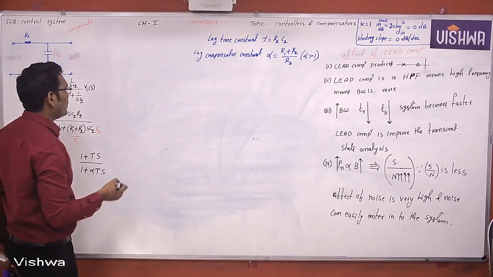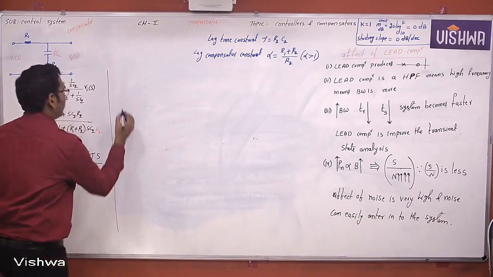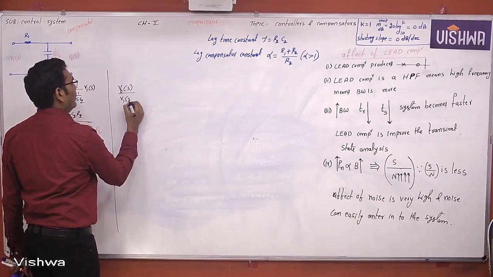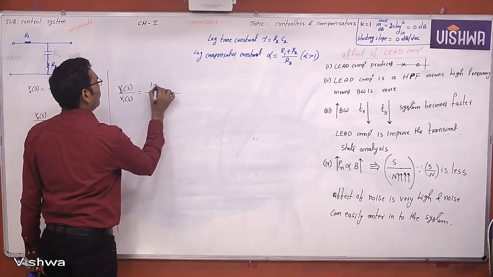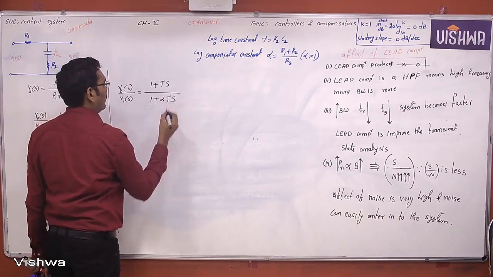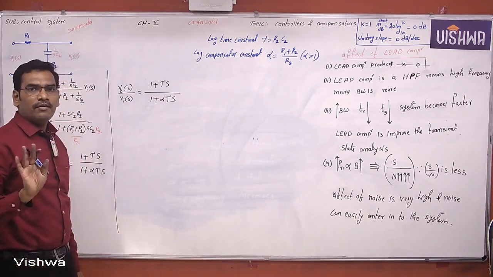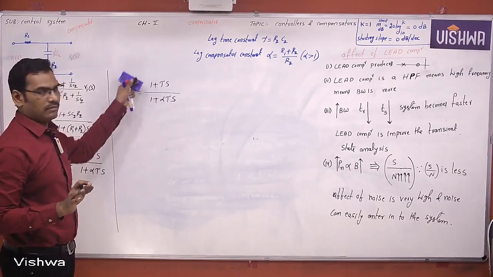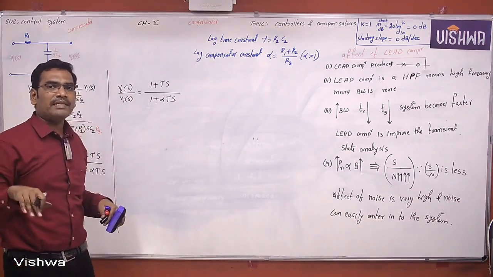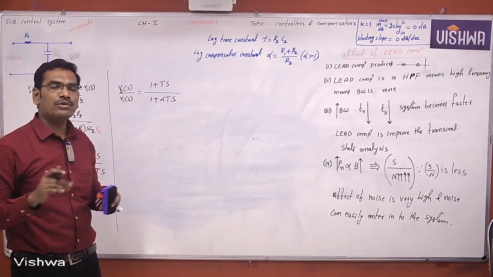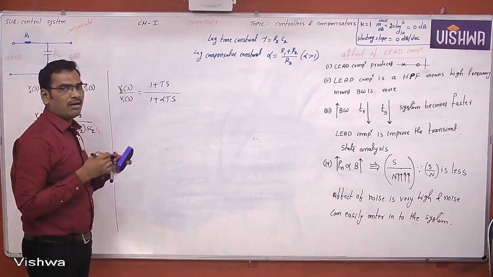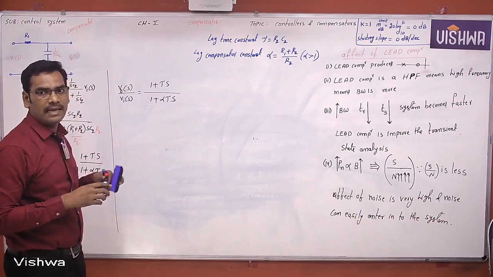The lag compensator will not create any attenuation. But in the lead compensator, it will create some attenuation. To compensate that attenuation, we again need to use some amplifier, and cost and complexity increase. But there is no extra hardware here. That is the advantage of this lag compensator.